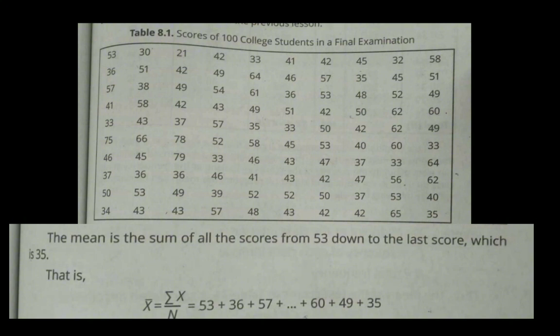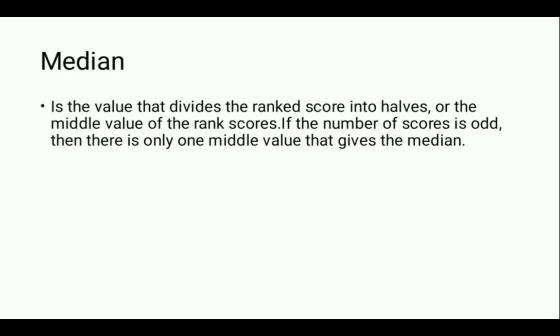So x̄ = ΣX / n = 53 + 36 + 57 + 60 + 49 + 35 and so on.